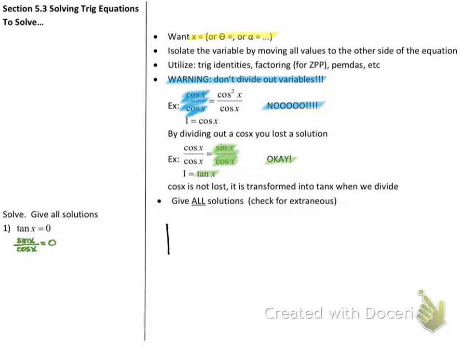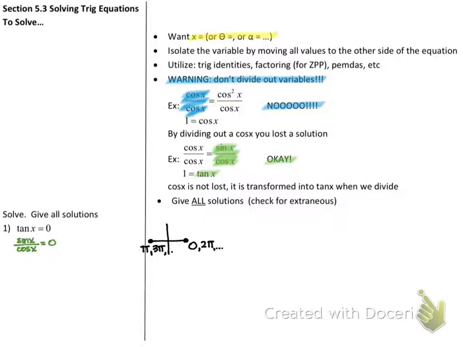So I want sine to be 0. Well, sine is 0 at 0, 2 pi, 4 pi, 6 pi, 8 pi, 10 pi. And over here at pi. So I know that I am at 0 and I'm at pi. And then I'm at 2 pi, and then I'm at 3 pi, so on and so forth.